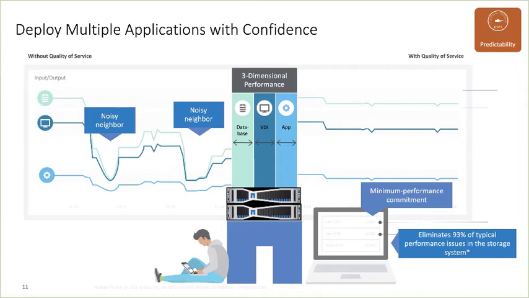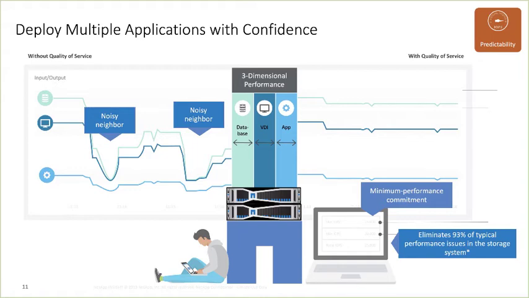With NetApp's QoS, our settings help you to eliminate resource contention and variable application performance that's caused by those applications that are consuming all the resources. We enable you to set policies.